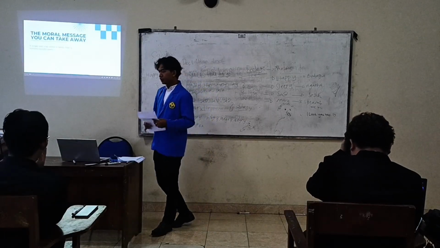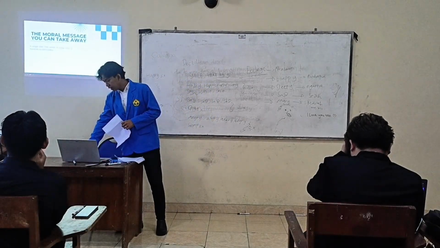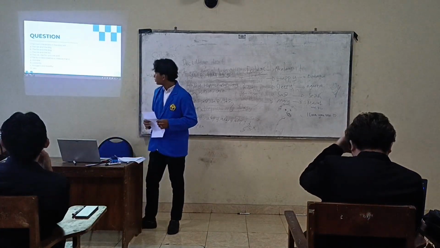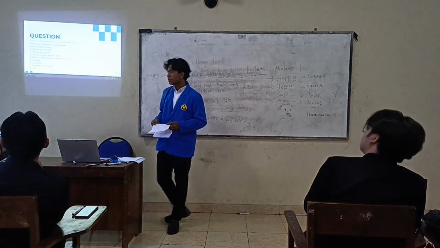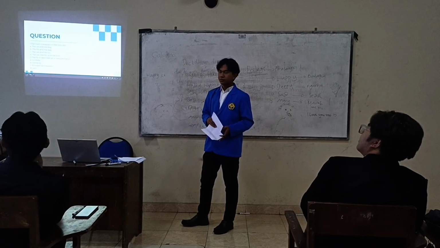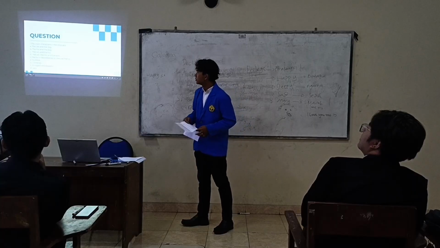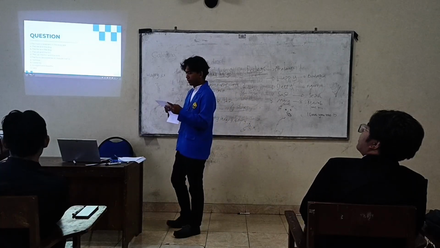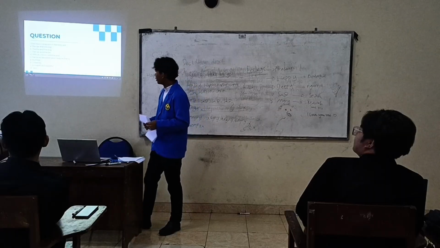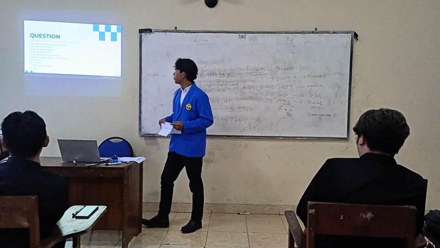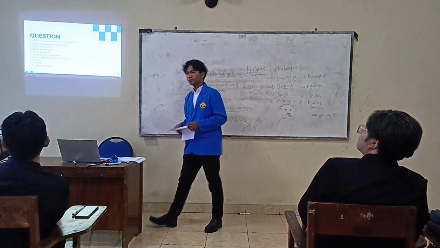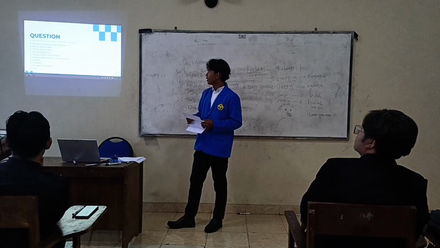And then I give you an exercise question. The main character in the story is? The cat and the fox. Okay, good. And then number 2, the fox is described as a character who is? Arrogant and boastful.